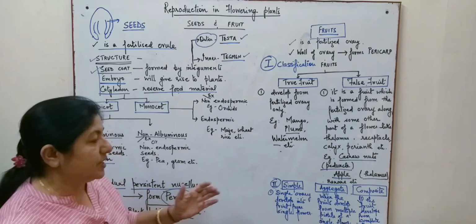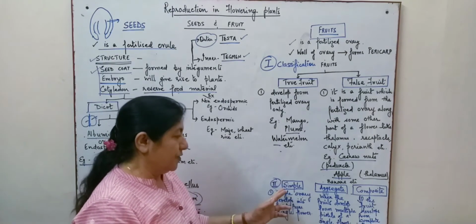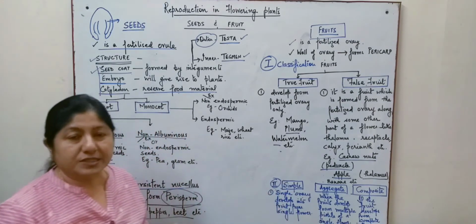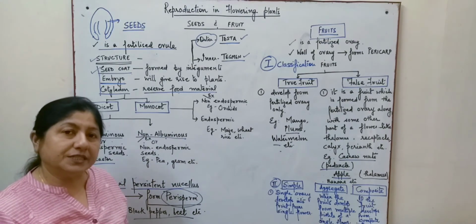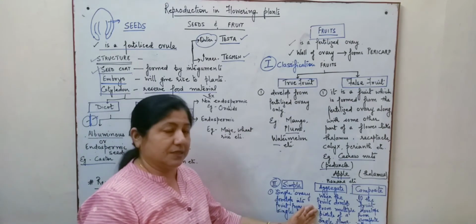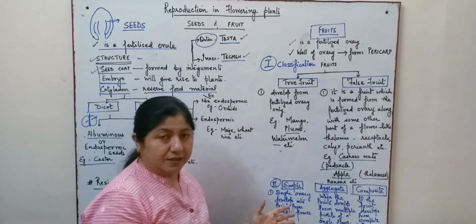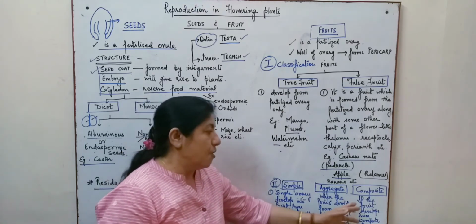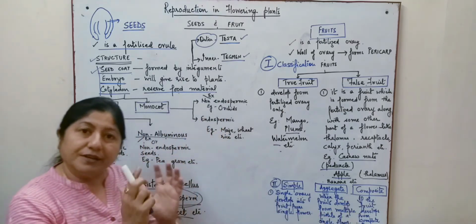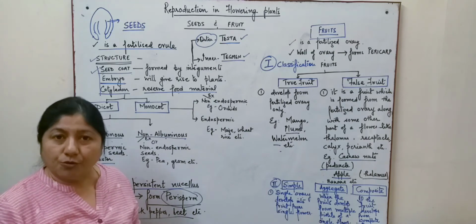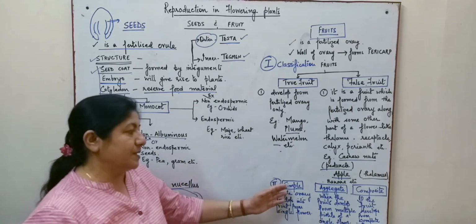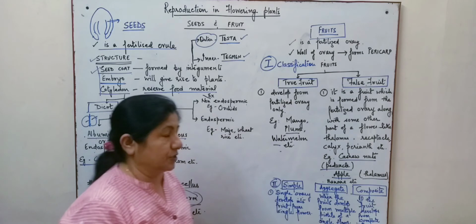So there are three types of fruits here, depending upon whether a single ovary, multiple pistils, or the entire inflorescence plays a role in the formation of the fruit. So we have simple, aggregate and composite.